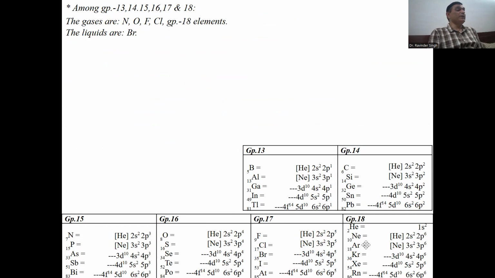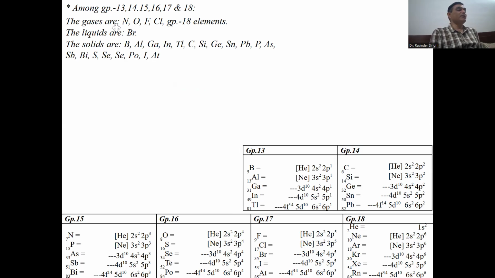The liquid non-metal is in group number 17, bromine. The other remaining elements are solid. The radioactive elements, as we already discussed, are polonium in group number 16, astatine in group number 17, and radon in group number 18.